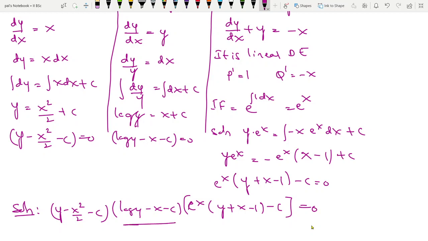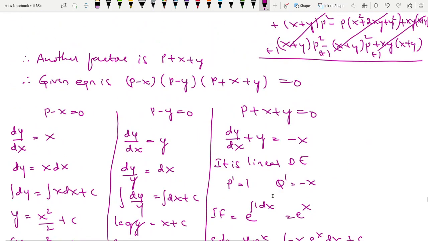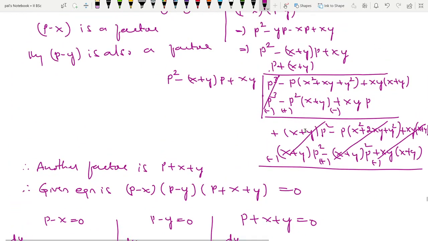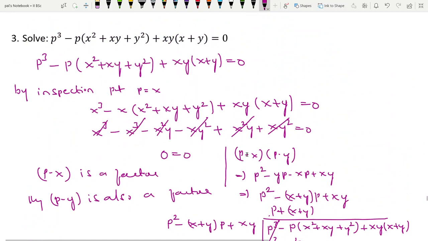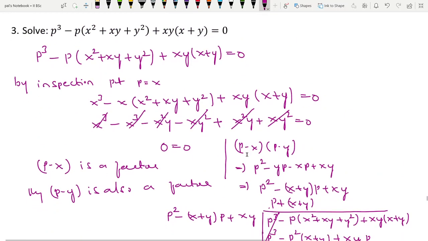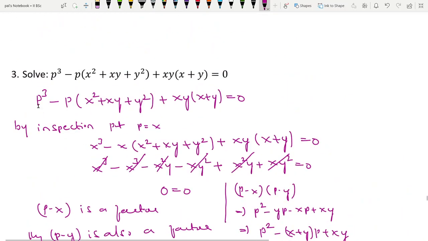Okay, so while factorizing, if you have difficulty with division, you can use the inspection method again. In place of p you give x plus y, then it satisfies this equation. But it is difficult to guess x plus y satisfying this equation, it is a little difficult.